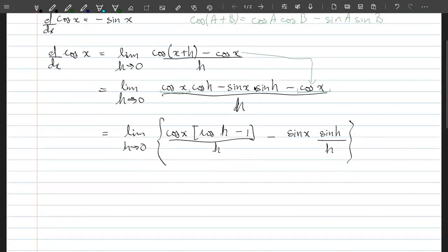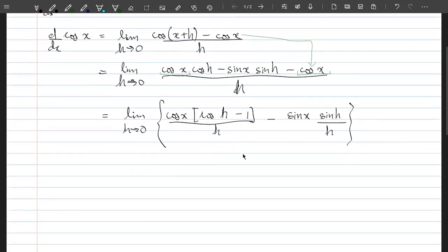This is this term. Now we can evaluate these separately as limits. Both these, remember that h is the variable in the limit, the variable that is approaching, in this case, 0. x is constant when you're evaluating the limit. So here we have cos h minus 1 upon h, and here you have sin h upon h. Both of these limits independently exist and are finite. So by a basic property of limits, we can evaluate these separately.